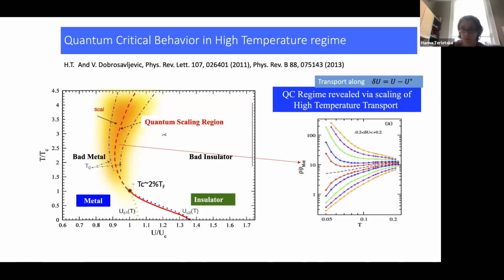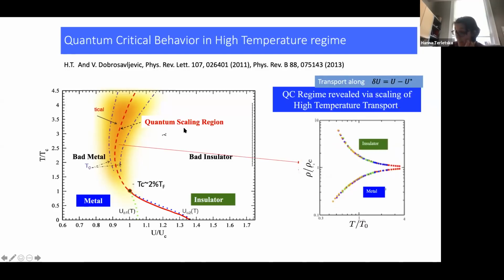In particular, we have found that in this high temperature regime, the resistivity data we calculated, over this highlighted range, can be scaled into insulating and metallic branches. And the scaling that we have found for this regime is characteristic of quantum critical scaling.